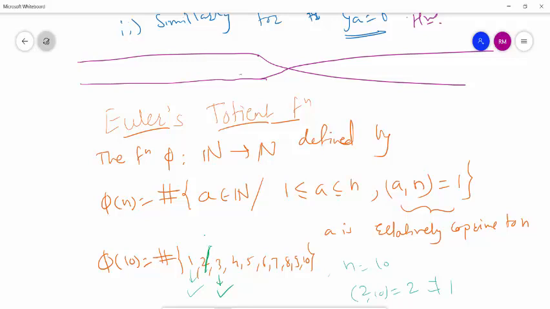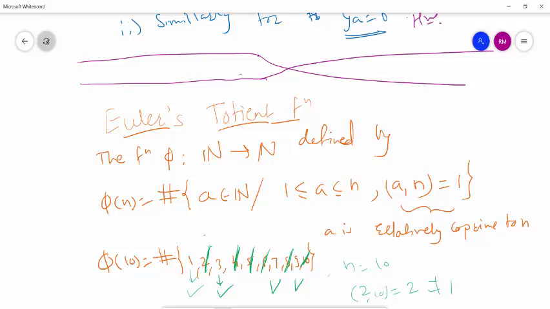GCD of 4 and 10 is 2, not 1, so reject it. GCD of 5 and 10 is 5, so reject 5 also. GCD of 6 and 10 is 2, so reject 6 also. GCD of 7 and 10 is 1, so select this one. GCD of 8 and 10 is 2, not 1, so reject 8. GCD of 9 and 10 is 1, so select. GCD of 10 and 10 is 10, so reject this.